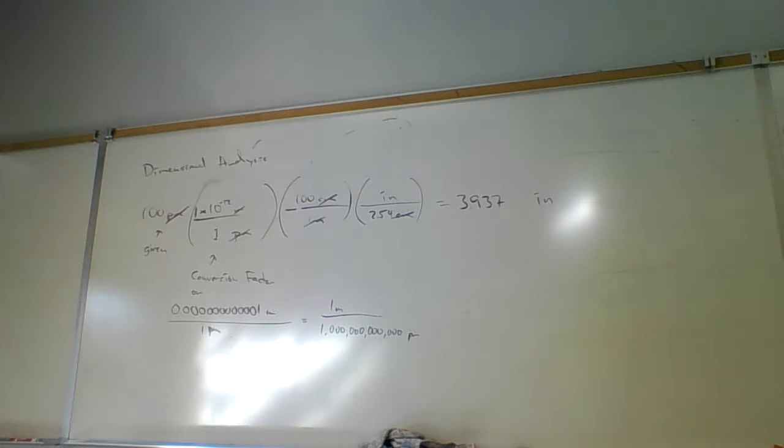So does that sound about right? A hydrogen atom is close to 4 inches in diameter. Does that sound about right? About 4 inches? Yeah. No, because how big is a picometer? If we take a meter stick, we'd have to divide it into a trillion pieces.